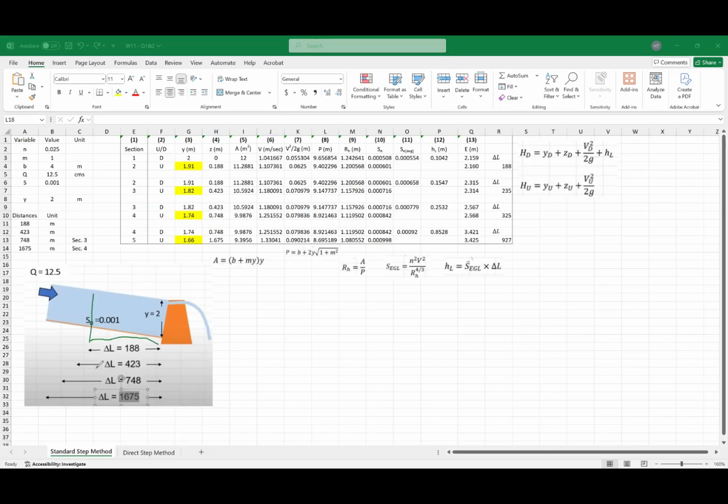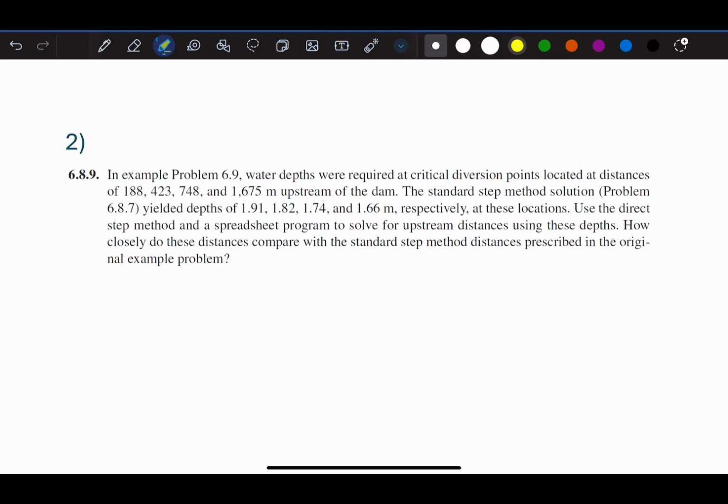Then we needed to find water depth for the section which is further than 2, then for section 3, and finally section 4. So we can see that we have a higher depth just upstream of the dam, but we have lower depth at this distance.